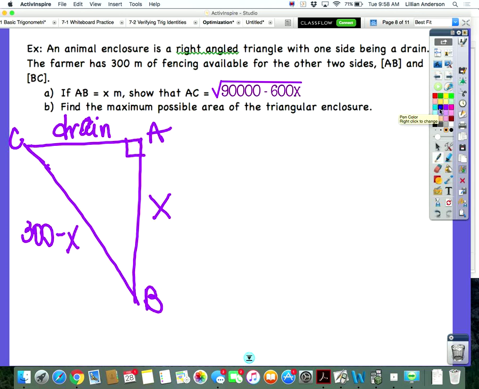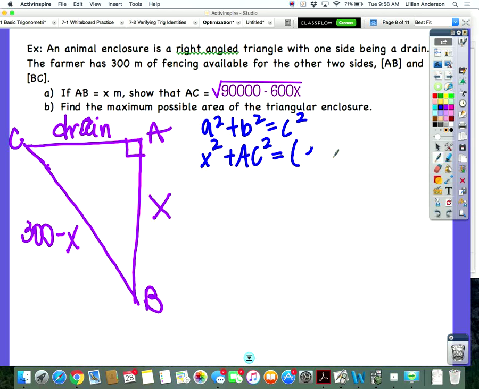Which says what? A squared plus B squared equals C squared. A is either of the two sides, AB or AC. Doesn't matter. But what matters is C. C is always the hypotenuse, which we just figured out was 300 minus x.